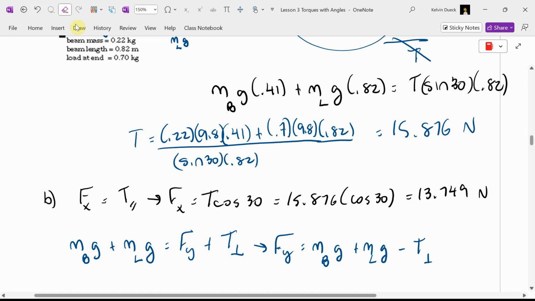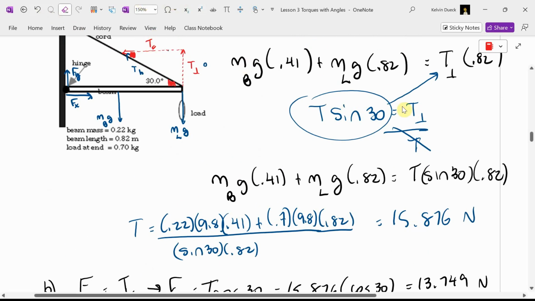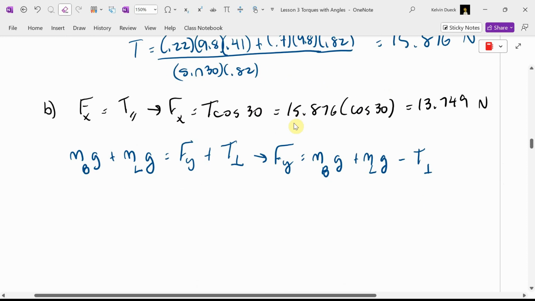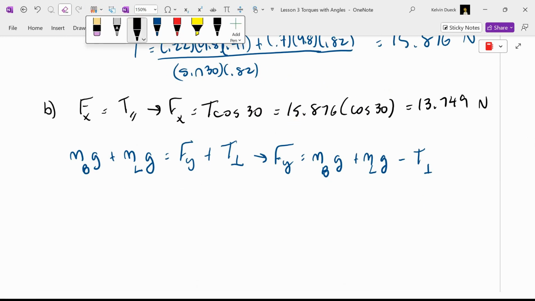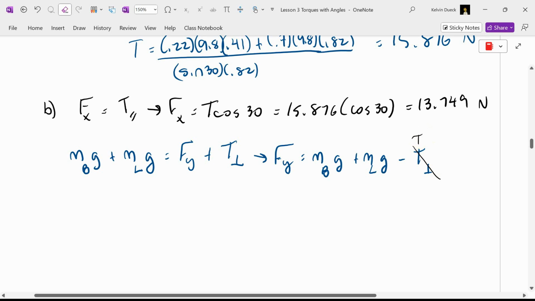Wait. What can I replace T perpendicular with? So you know what? I wrote T perpendicular. I'm going to lightly cross it out, and above it I'm going to say, hey, that's T sine 30.